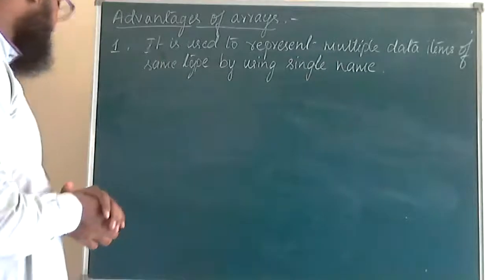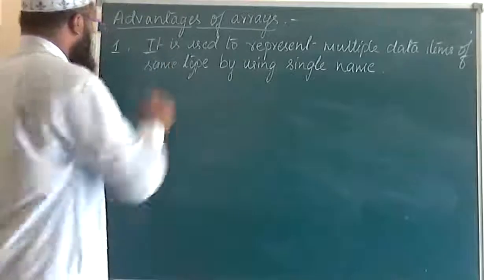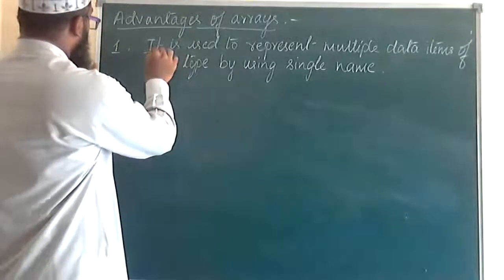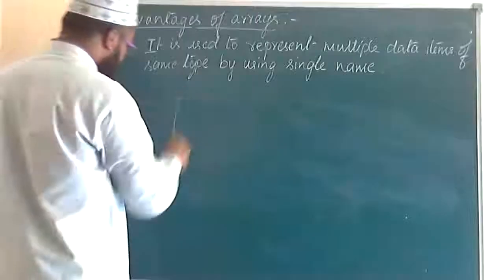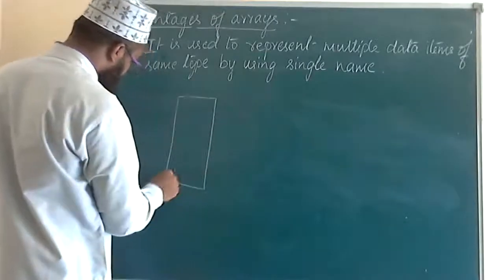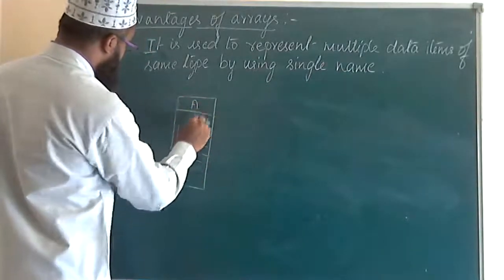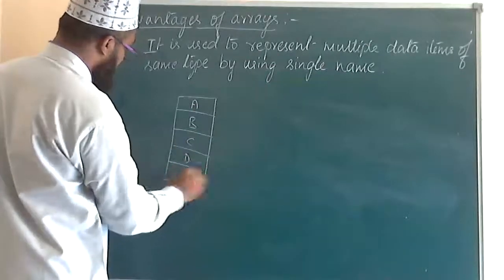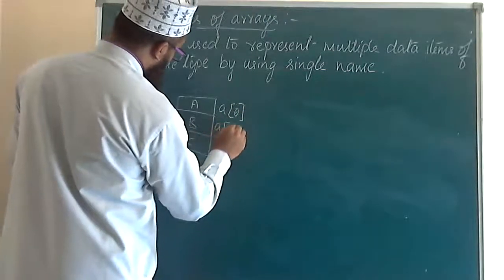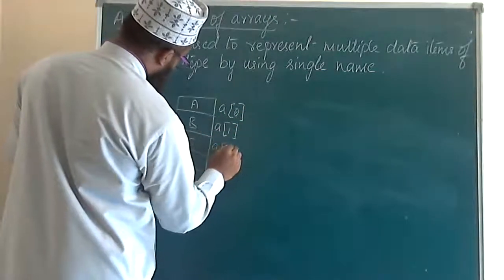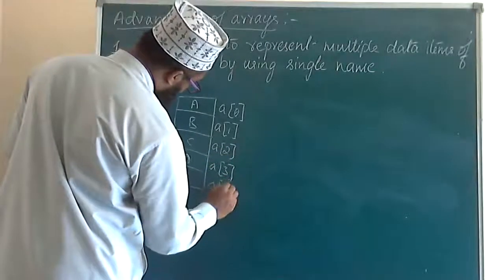For example, take an array. Okay, I will take an array whose elements are A, B, C, D, E. And you know the subscript A of 0, A of 1, A of 2, A of 3, and A of 4.